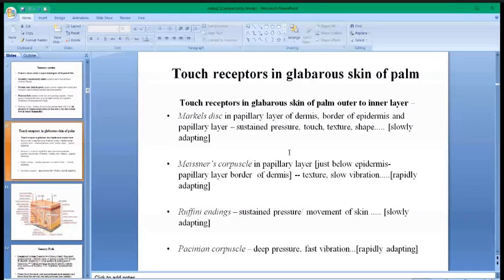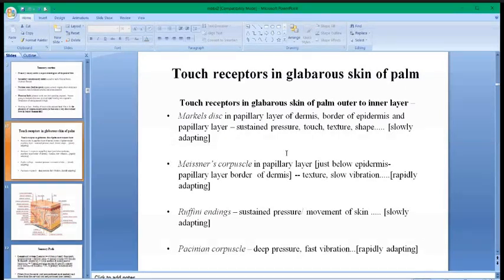If stereognosis sensation is alright, that means Merkel's disc, Meissner's corpuscle, Ruffini organ, Pacinian corpuscle, all are alright, and the sensory nerves are alright, and the sensory cortex is alright.